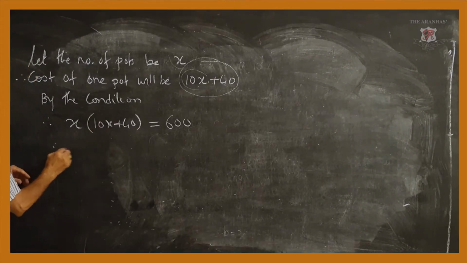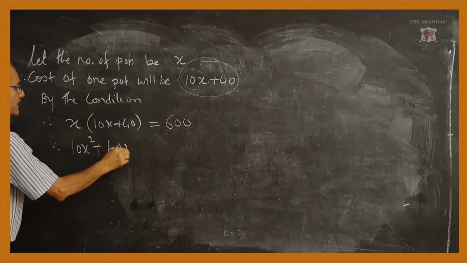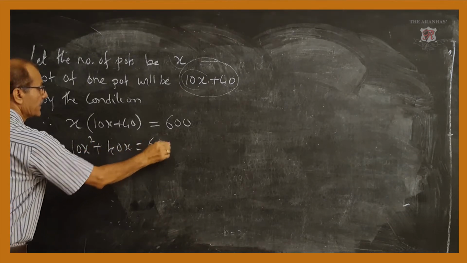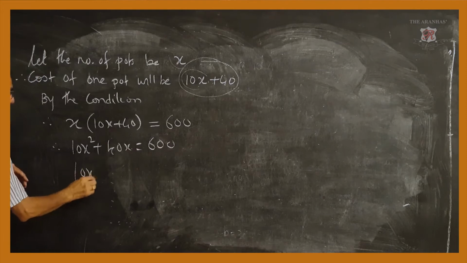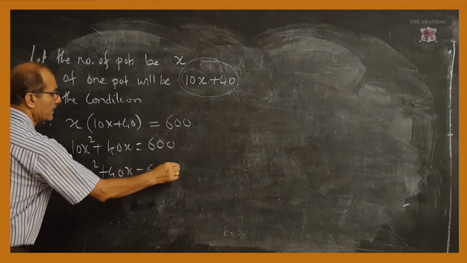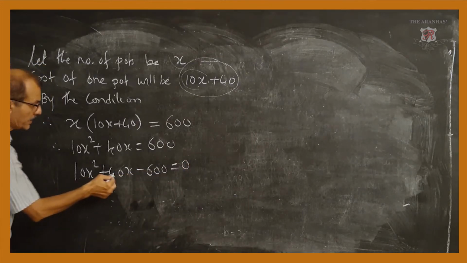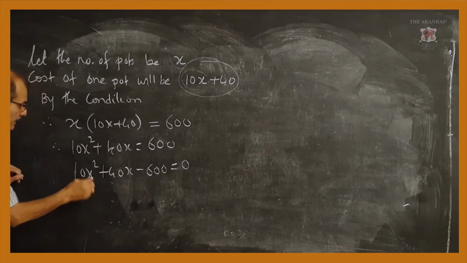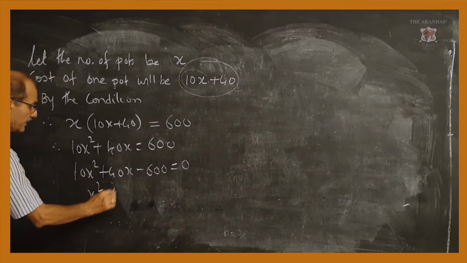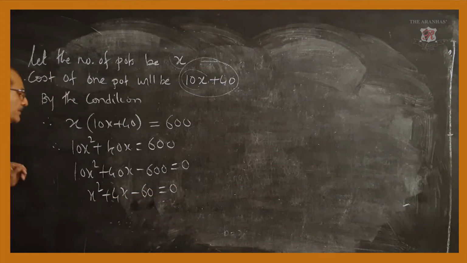So you get here 10x square plus 40x is equal to 600. Therefore 10x square plus 40x minus 600 is equal to 0. Now you find that each term I can divide by 10. So x square plus 4x minus 60 is equal to 0.